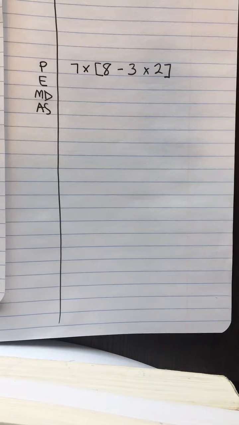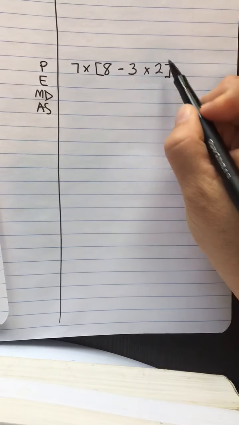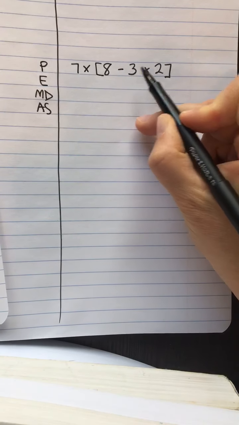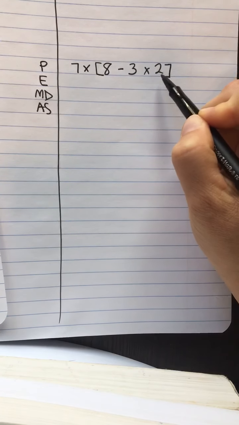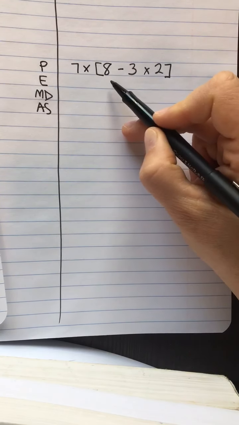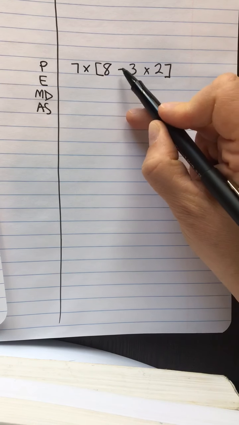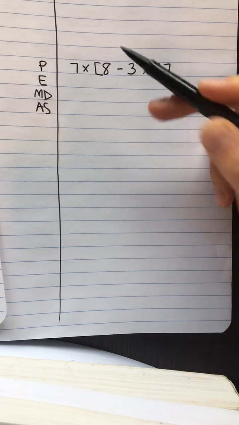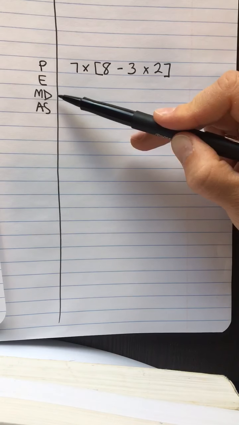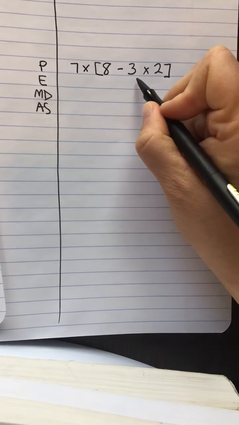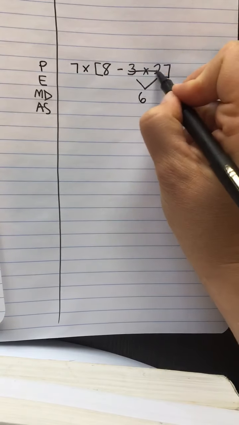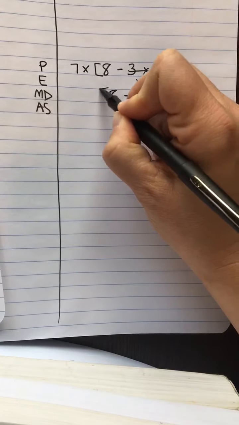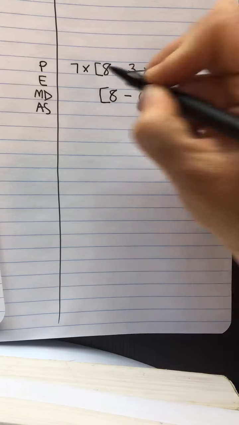So first parentheses, oops, sorry about that. That's inside our grouping symbol. We have 8 minus 3 times 2. So inside parentheses or any grouping symbol, we still do the order of PEMDAS. So we have subtraction or multiplication. Multiplication and division come first, so I have to do that first. 3 times 2 is 6. Then I'll bring everything else down.